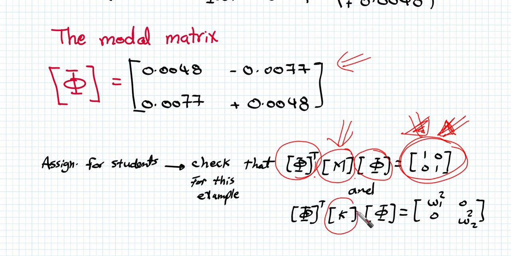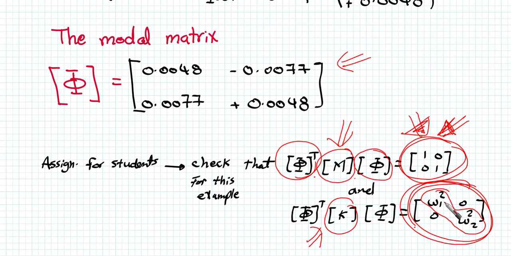Now do the same with the stiffness matrix, and then check what the output is going to be. The phi transpose dot k dot phi would give you the eigenvalue squared matrix on the diagonal only. These values we have already obtained before, in the previous example in the previous lecture, right?